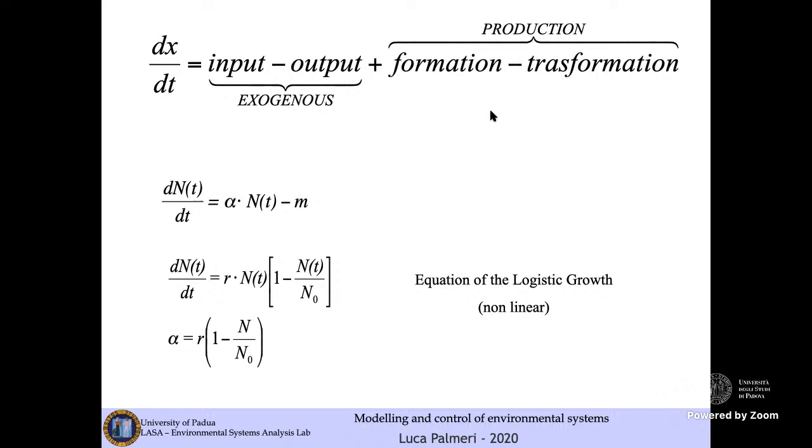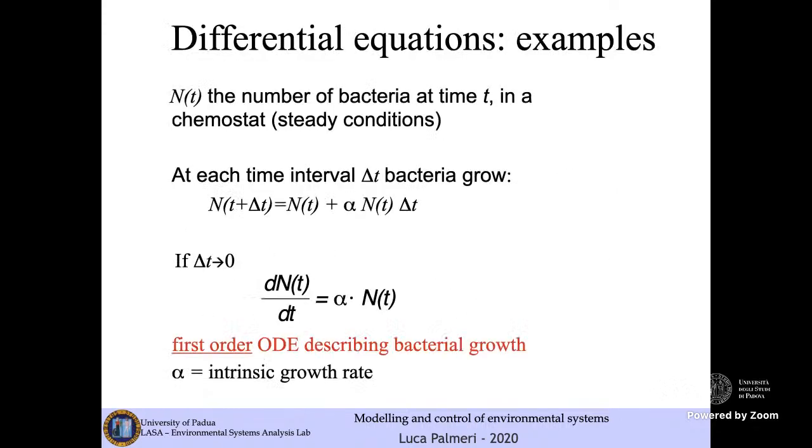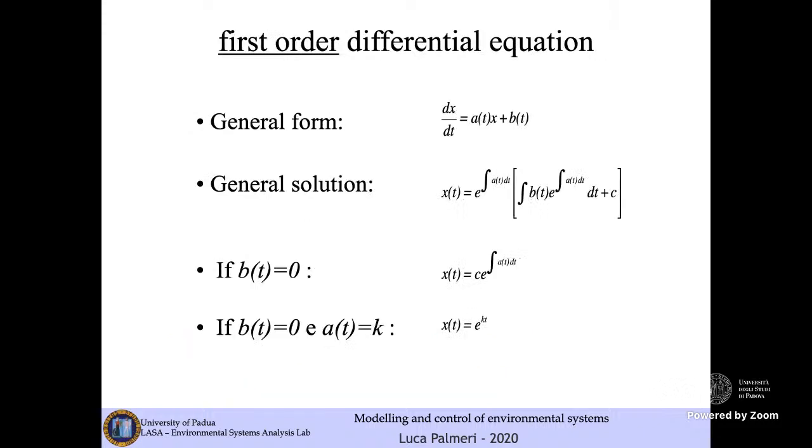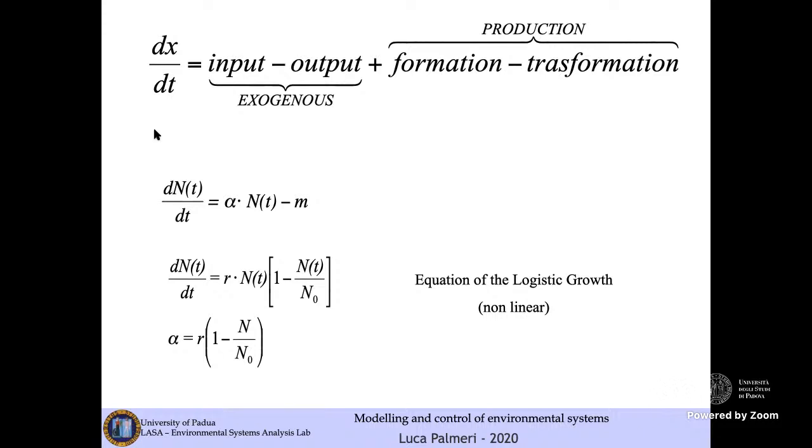In the case of the bacteria population that we have seen in the beginning, we rewrite this equation, the variation in time of the number of bacteria, as equal to a positive term that is, of course, proportional to the number of bacteria itself, because I recall that bacteria, simple organisms, we may think grow by splitting.